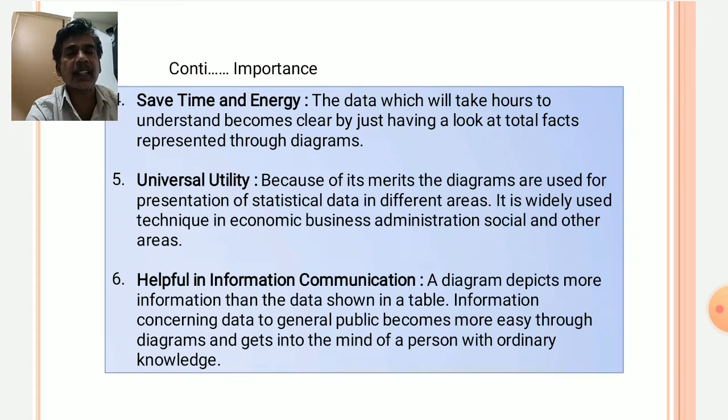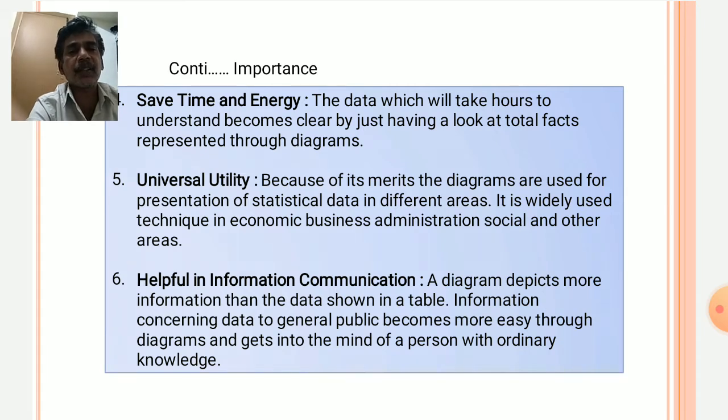So it saves the time as well as the energy, by just having a look at the total facts which are represented through diagrams.